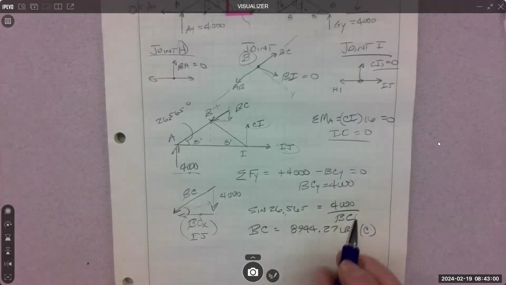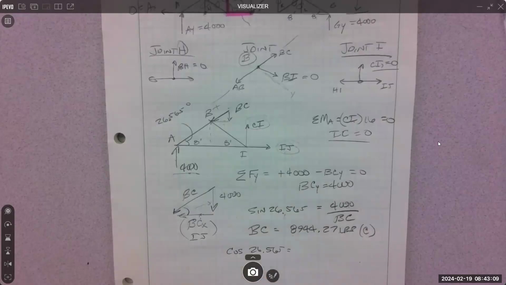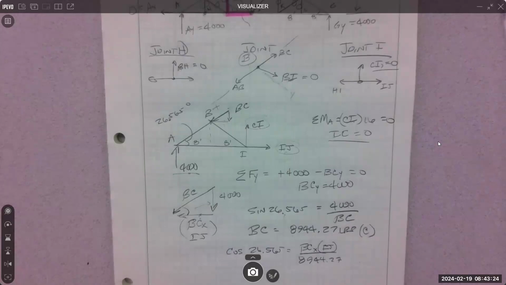So I probably should write it out so I don't make a mistake. Cosine 26.565 equals BCX, which is also the same as IJ, over 8944.27. Tangent would work too, so either one.